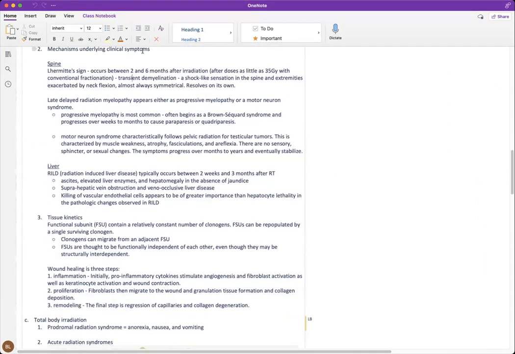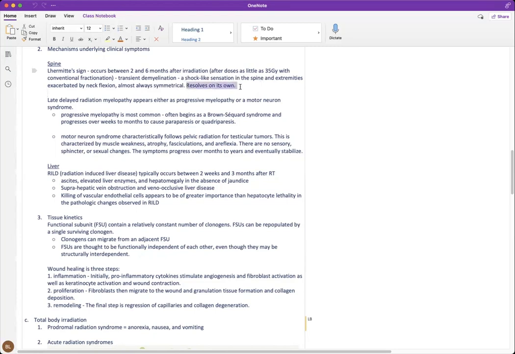Mechanisms underlying clinical symptoms. I think these are worth knowing about. For the spine, there's something called Lhermitte's sign. I'm not sure if I pronounced that correctly. This is where a patient notices a shock-like sensation in the spine and extremities, usually symmetrical, and it's exacerbated by neck flexion.